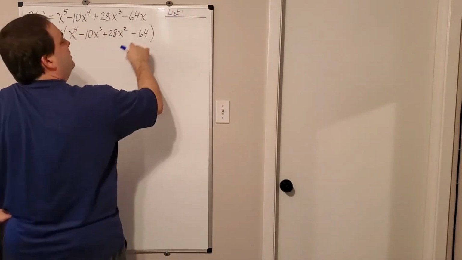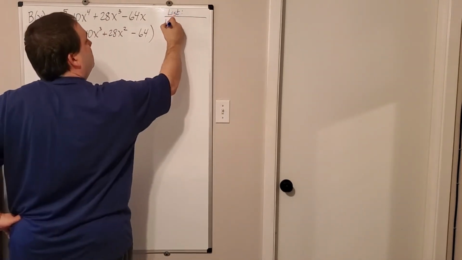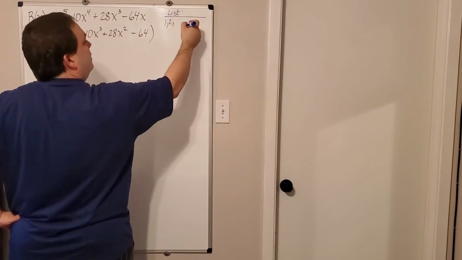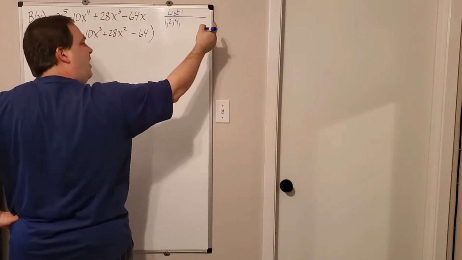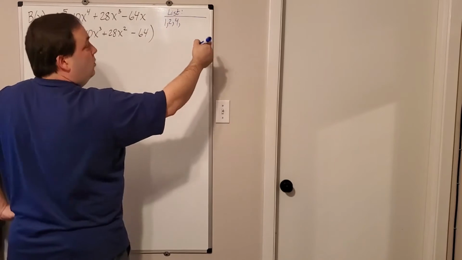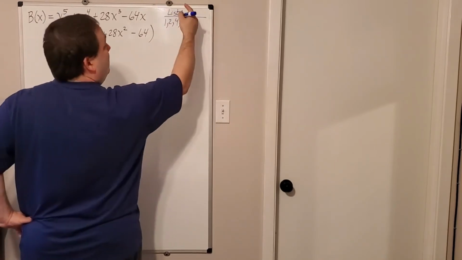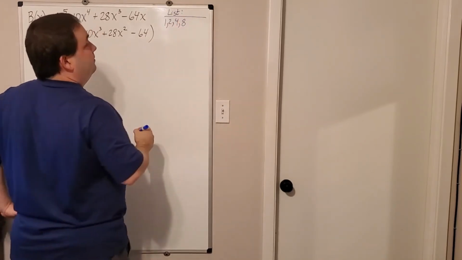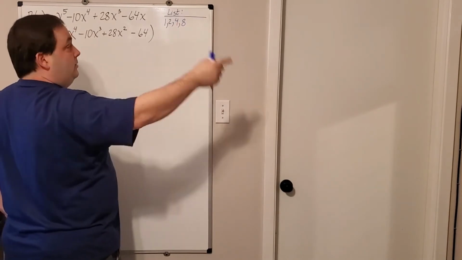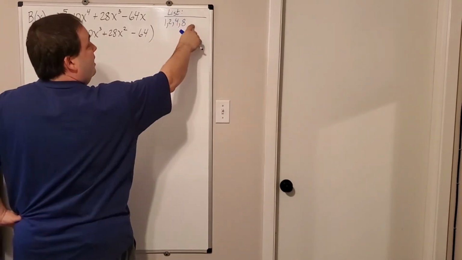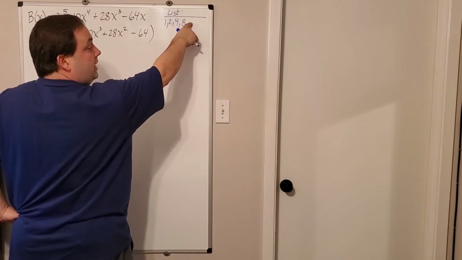The factors of 64, right? 1, 2, 3 doesn't go, 4 goes, 5 doesn't work, 6 doesn't work, 7 doesn't work, but 8 works, right? 8 works, and then 8 times 8 is 64, so I don't have any other unique multiplications after that.